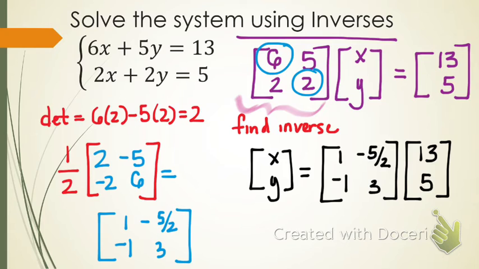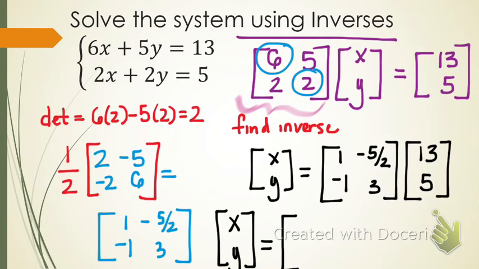So we have to go back to last week when we learned how to multiply matrices. So in order to multiply matrices, go ahead and take out your calculators if you don't have one out yet.